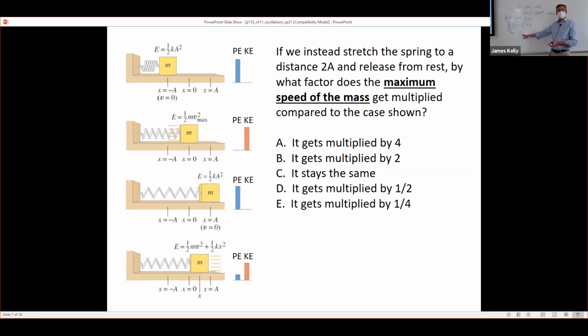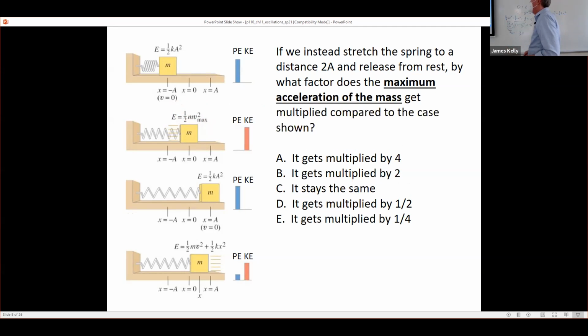Yeah, you double the amplitude, you're going to double this quantity, so it goes twice as fast at the center. Despite the fact that you've got 4 times as much energy stored in the system, that comes out as twice as fast because, of course, the kinetic energy, if you double the V, you're going to quadruple the kinetic energy, which will then quadruple the total energy stored in there.